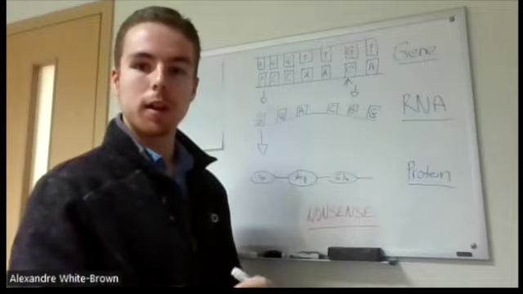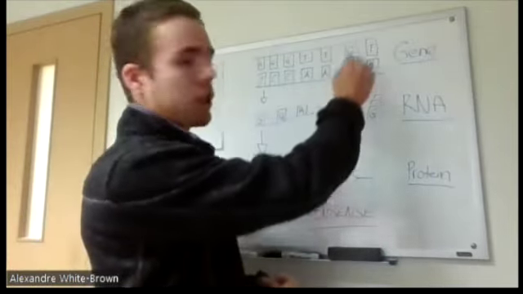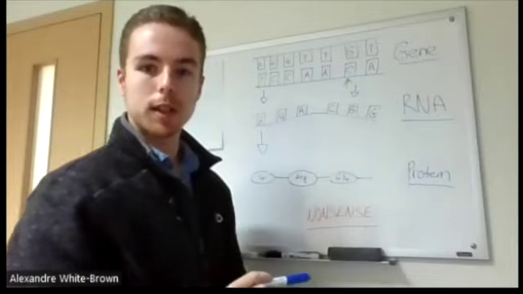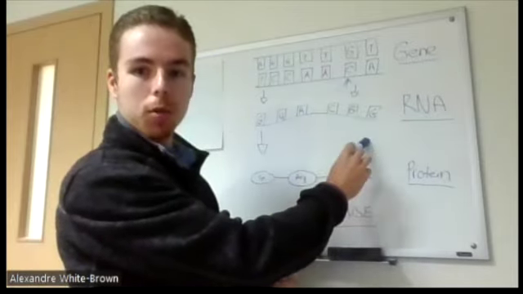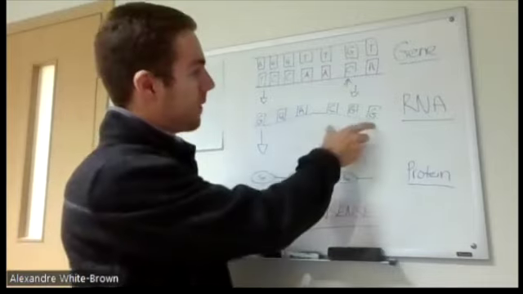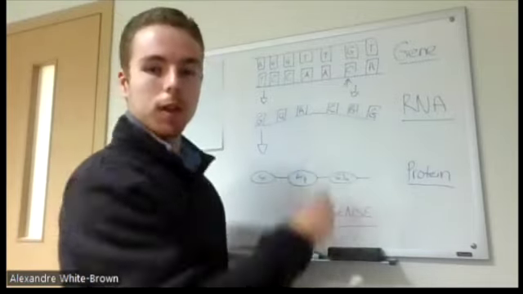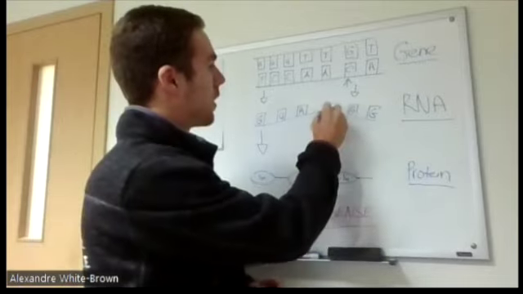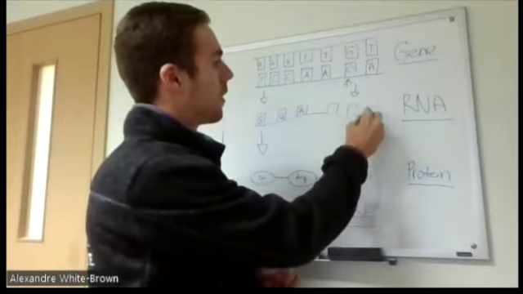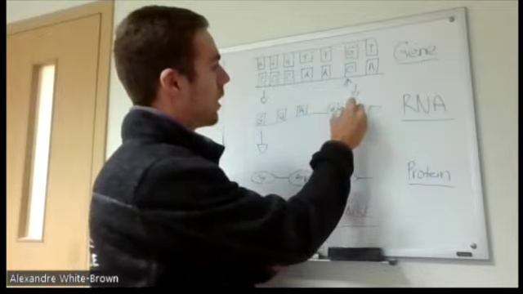What happens with a nonsense mutation is that we have a change here, similar to a missense mutation. However, this is causing a premature stop codon. So there's a specific 3-letter code that tells the RNA to stop producing the protein. And this is UAG.